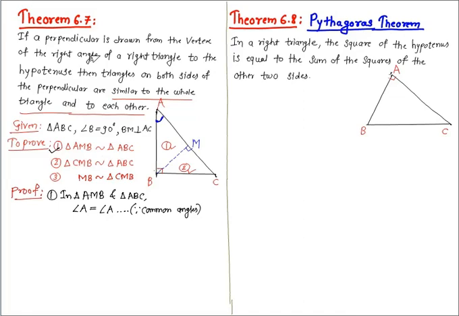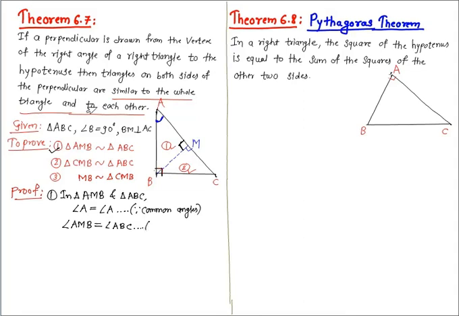Now see the second angle. In triangle AMB, angle AMB is 90 degree, right? This angle. And in triangle ABC, angle ABC, that means this angle is 90 degree.